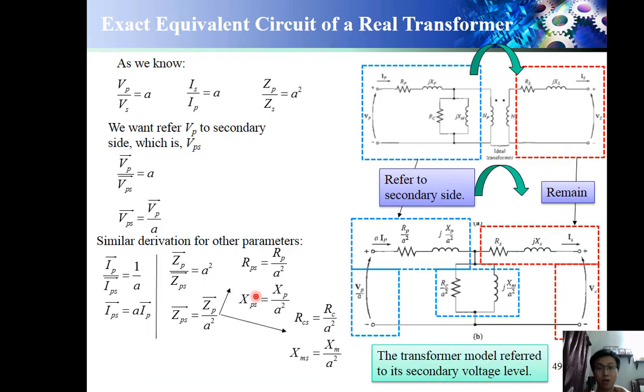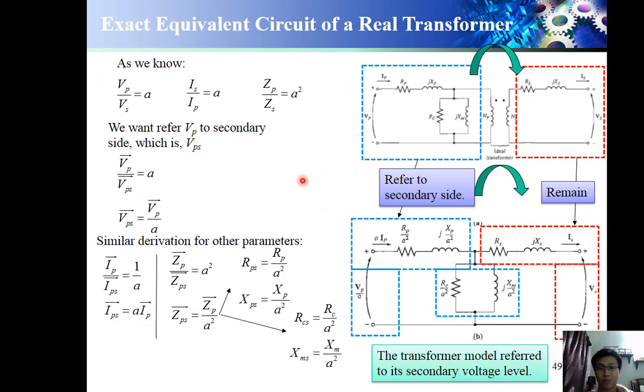Next slide. Same as well. Just now I referred secondary to primary. Now I refer primary to secondary. So I remain secondary. You can see VS, IS, RS, jXS all maintained. But I refer the primary to the secondary side. So it becomes VP divided by A, A IP, RP over A square, jXP over A square, RC over A square, jXM over A square.